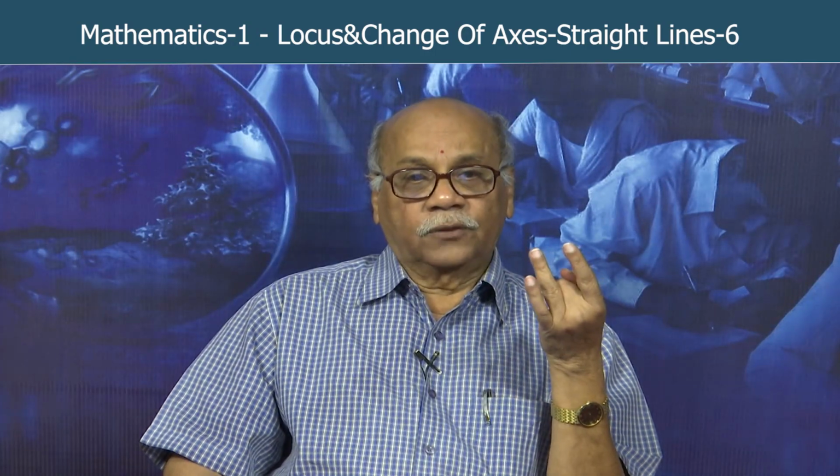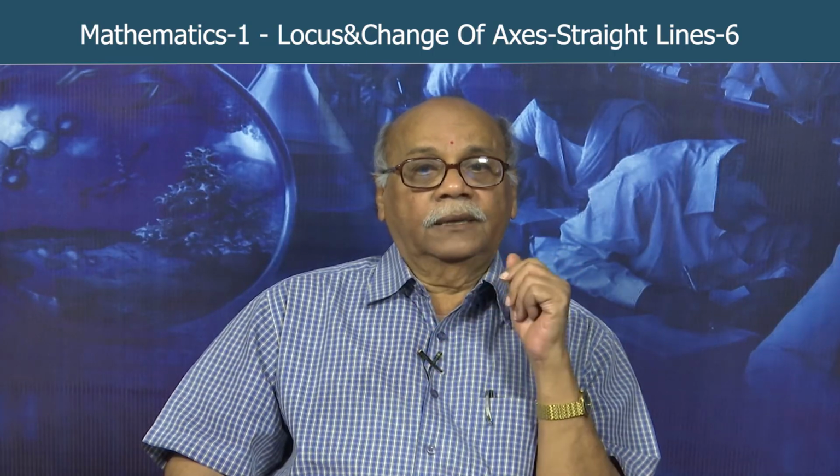All of you know that if one of a, h, b is not equal to 0, then the equation ax² + 2hxy + by² + 2gx + 2fy + c = 0 is called the second degree general equation, and ax² + 2hxy + by² = 0 is called the second degree homogeneous equation.